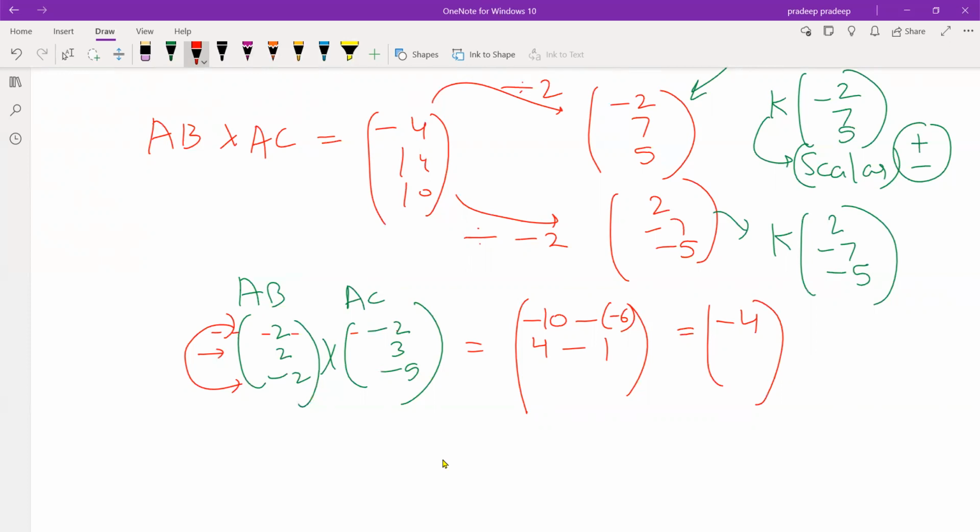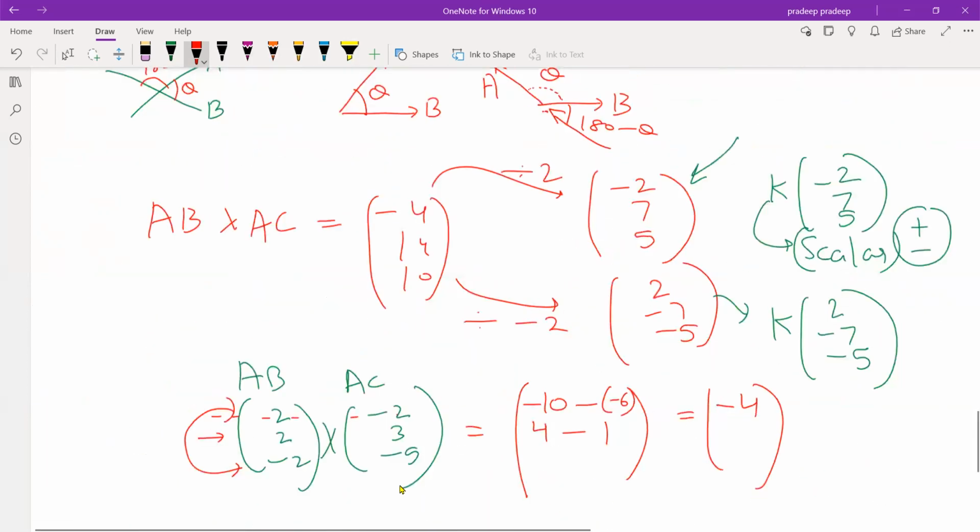Okay, this is not minus. This was plus only, right? For AB, it is 2 to -2. Okay, so -2 into -2, yes, that is 4. Then you subtract, then 2 multiplied by -5 will give us -10. So the y component will be 4 plus 10, which is 14.